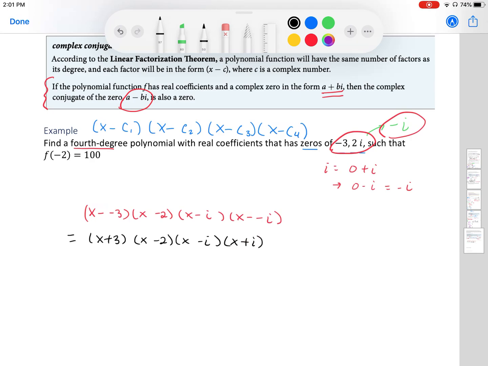Okay, now it's also giving me this extra information that I'm not too sure how to use. So I have f of -2 equals 100. When it gives you that, this is telling you that we have a coefficient to consider.